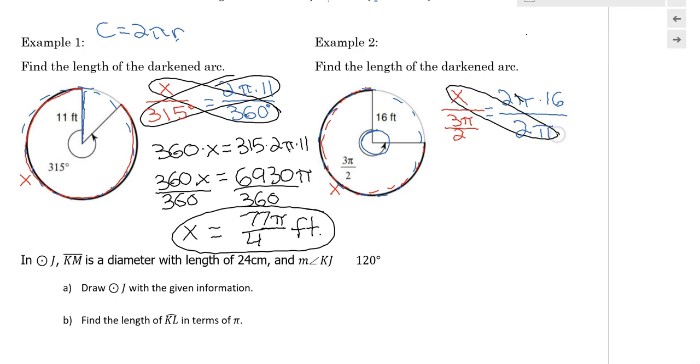Then I cross multiply, so I have 2 pi times x equals 3 pi over 2 times 2 pi times 16.